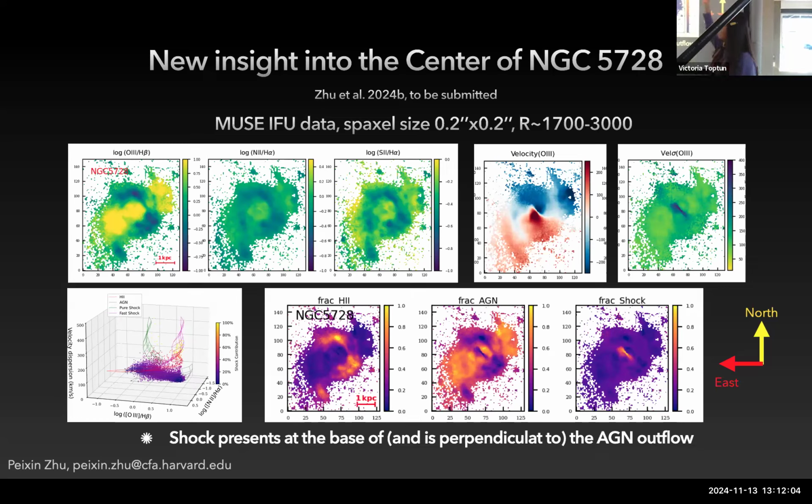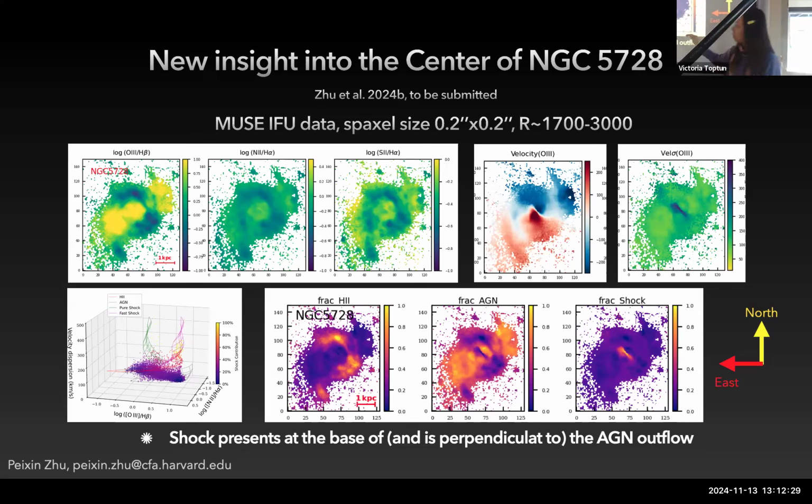The top panel shows the line ratio plot on the left, the velocity plot of O3 emission, and the velocity dispersion plot on the right. The bottom panel shows on the left the theoretical 3D diagram with this galaxy's data, and on the right how the separated mechanisms distribute on the 2D map.